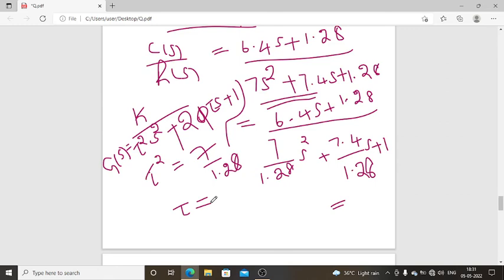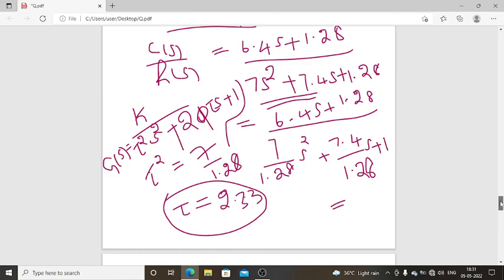This value, 7 divided by 1.28, is 5.46, right. So tau squared is equal to 5.46, and the root of 5.46 is 2.33. So this is the tau value for the PI controller.